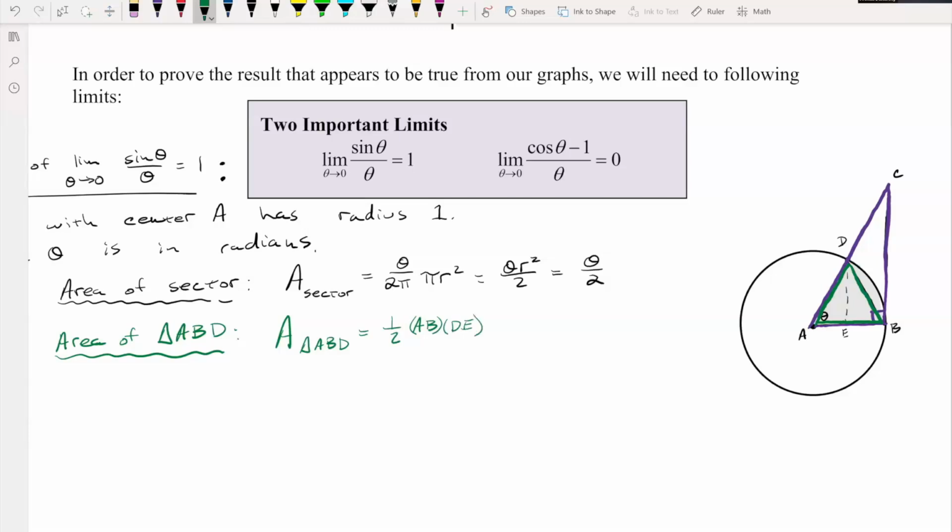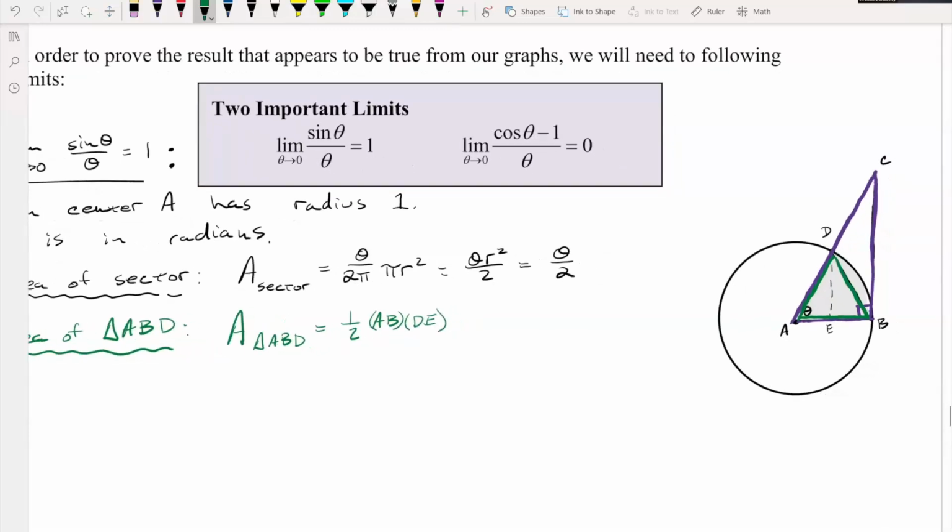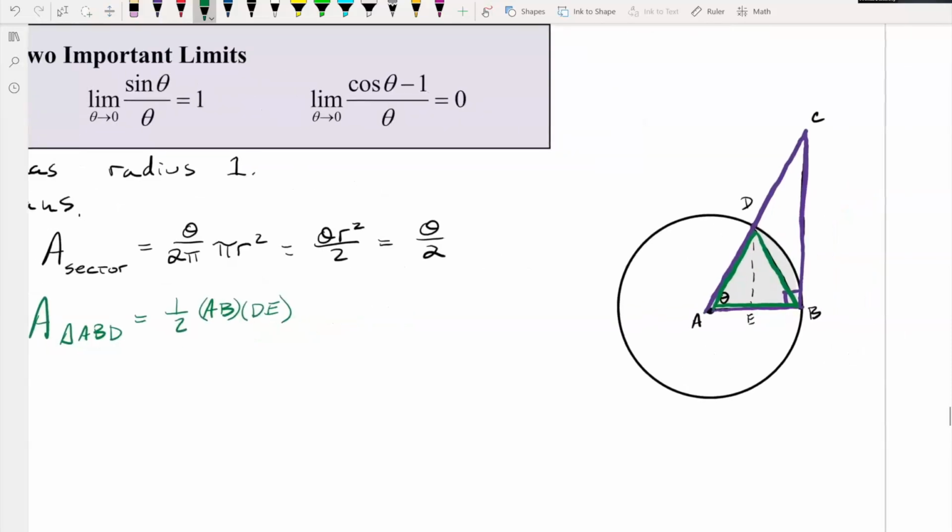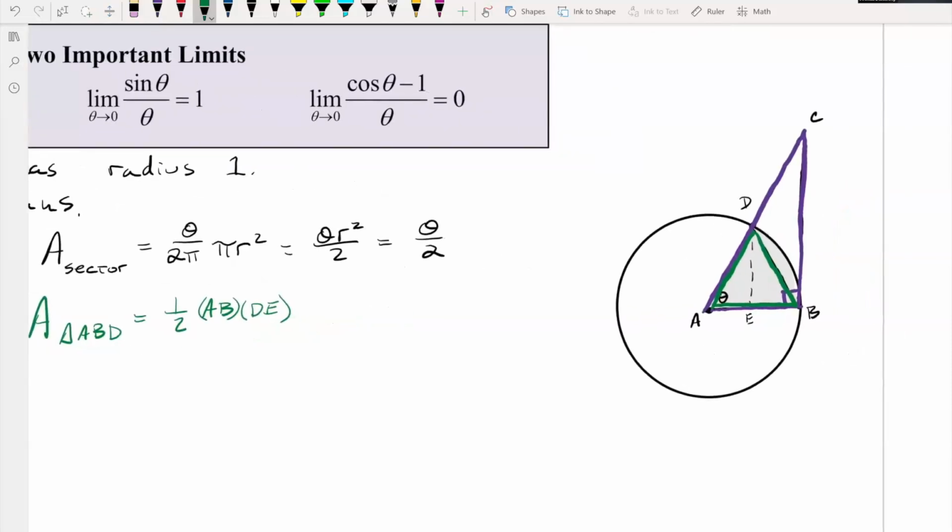Okay, now let's think about this for a second. The base, we're told that the radius of this thing from here to here is 1, or if you want to think about it from here to here is 1. So that's AB. But I want to come up with DE in terms of theta.